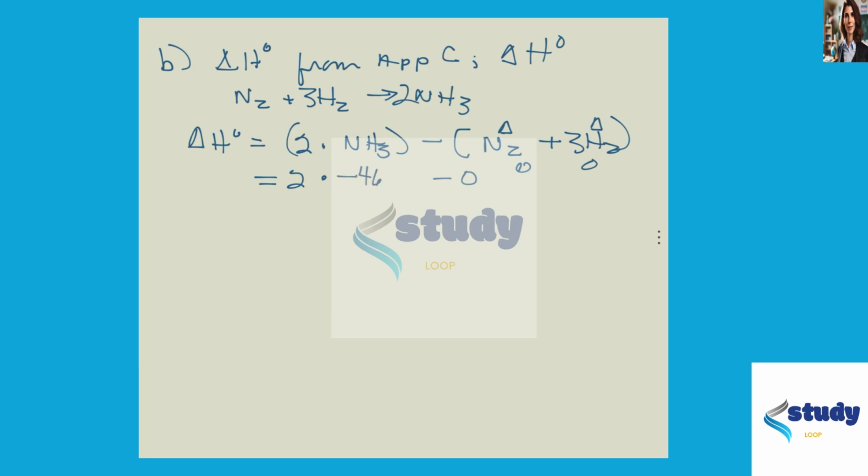And ammonia's delta H is negative 46 kilojoules per mole. So this will be negative 92 kilojoules, which will be our delta H.